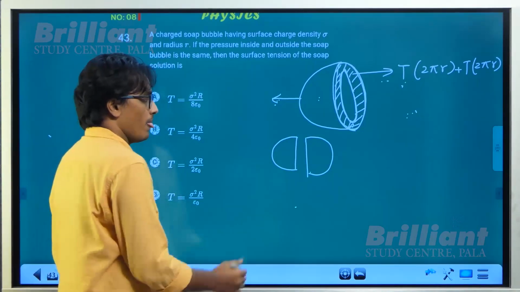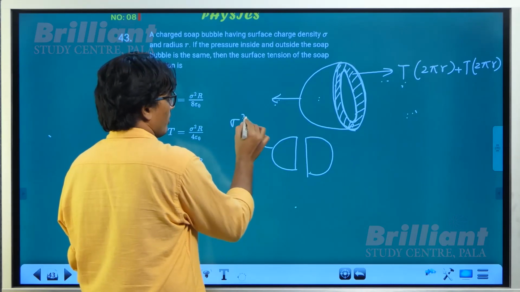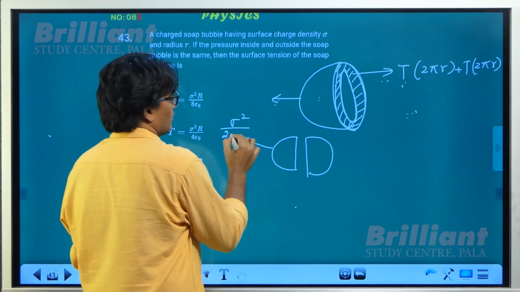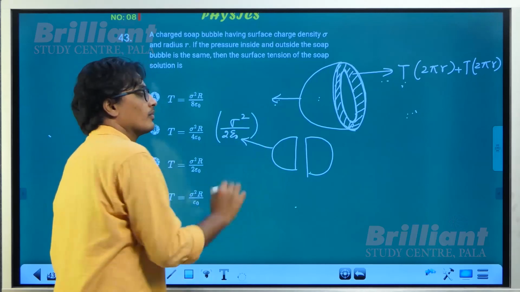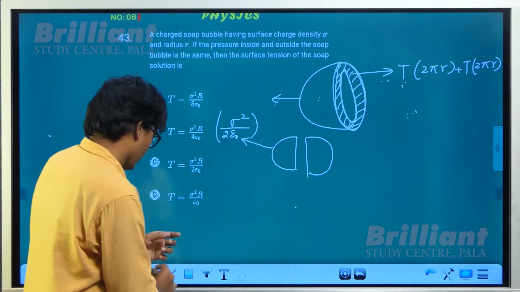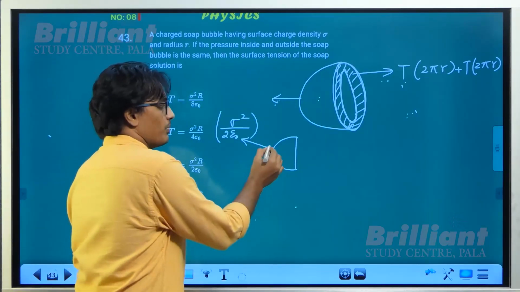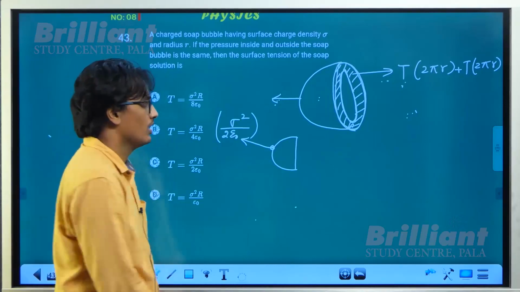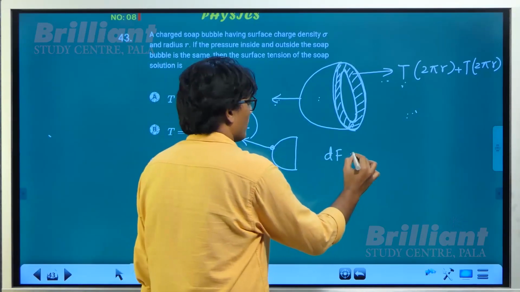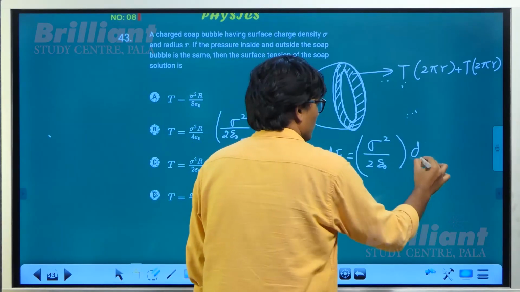If you remember electrostatic pressure, electrostatic pressure is sigma square by 2 epsilon naught. This is electrostatic pressure. If this is the pressure, then the small force will be pressure into small area.